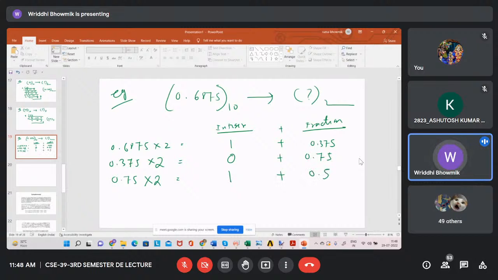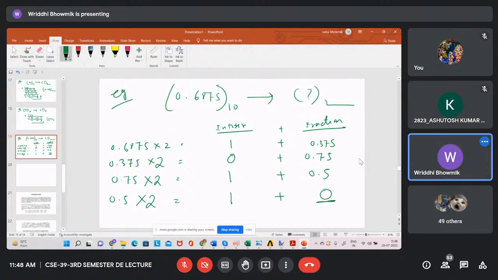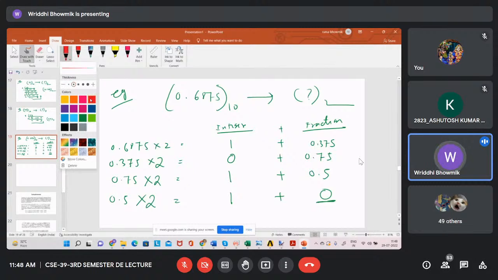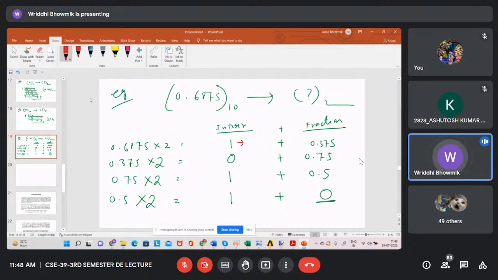Again I will take this fraction 0.5 and again I will multiply it by 2. Then it will be what? Only one integer 1 plus 0. Now you see here your fraction part is 0. So you can stop the process. Okay, and here now you have to take only the integers because you see it is in the binary form 1011.